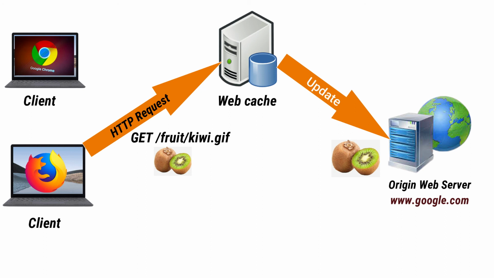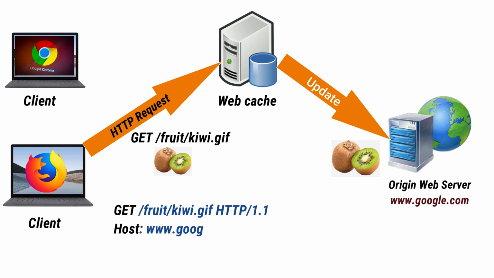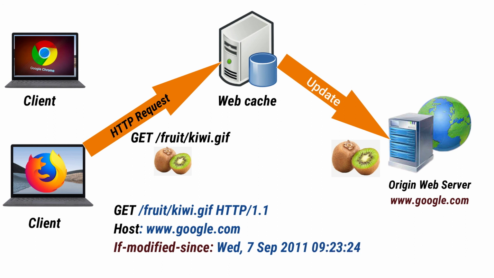Specifically, the cache sends GET /fruit/kiwi.gif HTTP/1.1, then the host name www.google.com, and the header If-Modified-Since with the date.